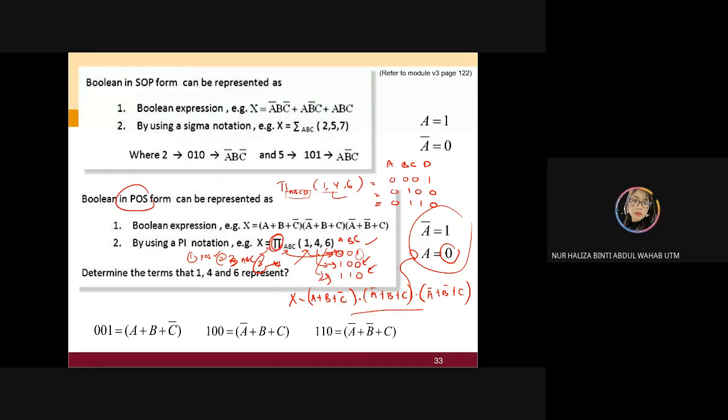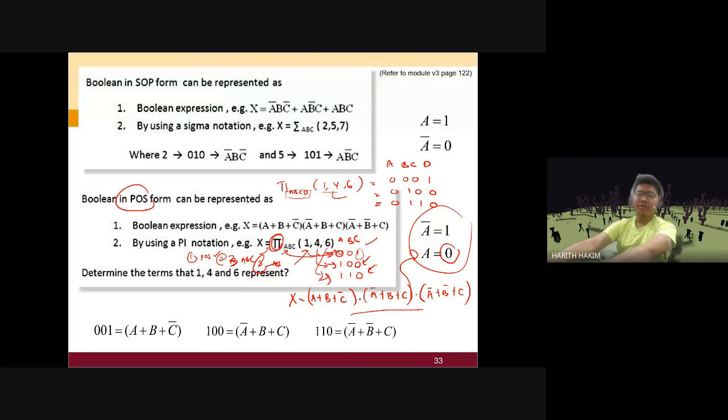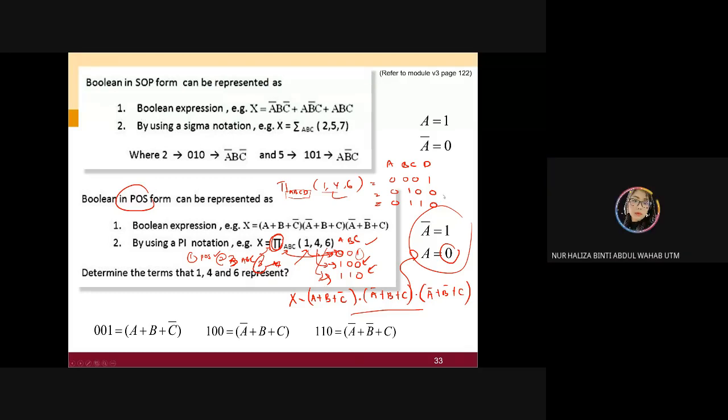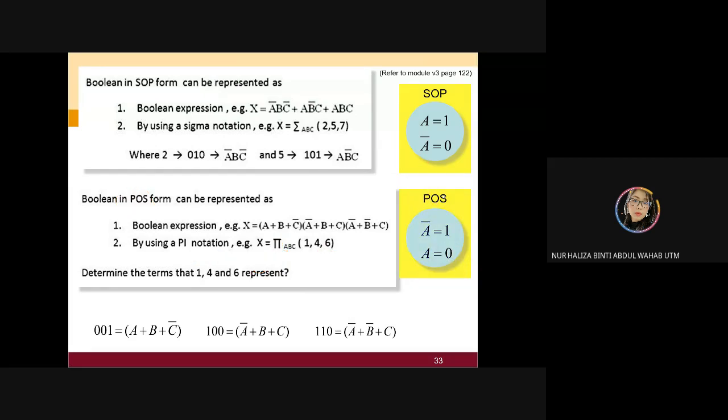No question. Yes. Okay, so that's why please remember the things. SOP and POS, what will happen?